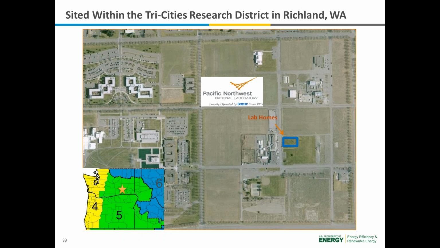Here's an aerial view of the PNNL campus. The blue box there is where the lab homes are located. As you can see in the bottom left, we have the climate zones. The star is where Richland, Washington is, right near the Washington-Oregon border in climate zone 5, like I said.